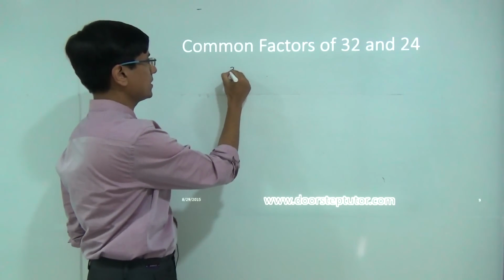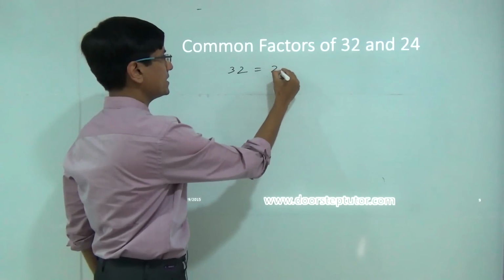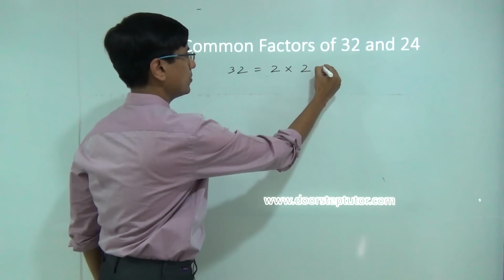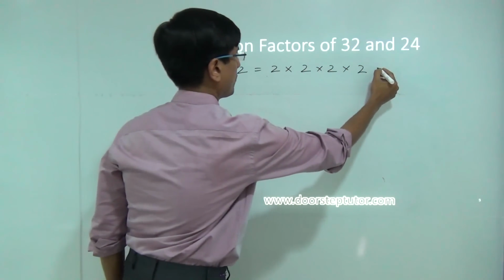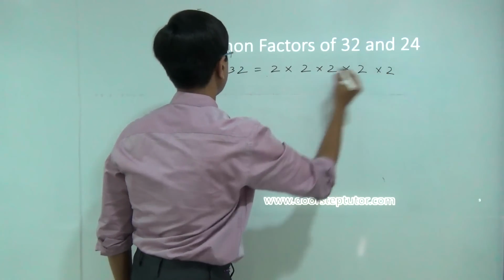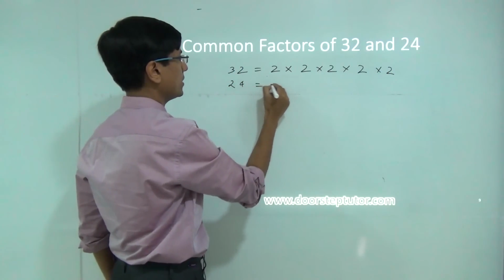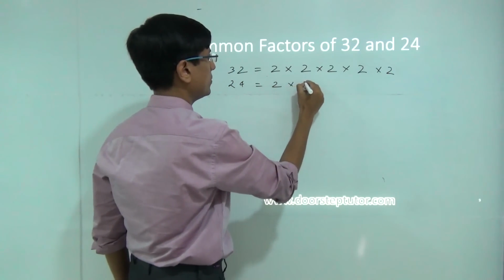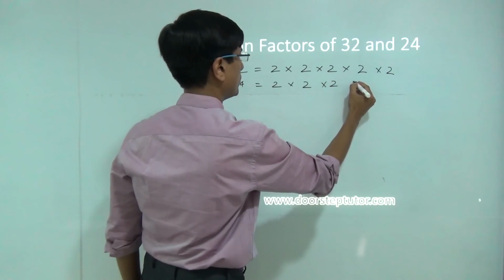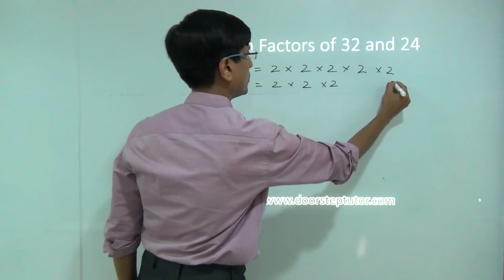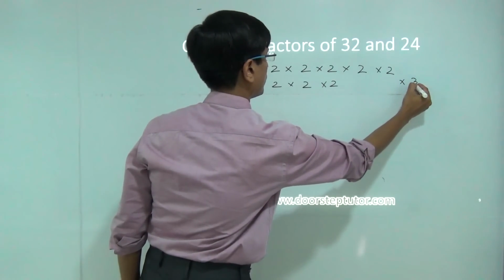If you remember, 32 I had written as 2 into 2 into 2 into 2 into 2, and 24 can be written as 2 into 2 into 2 into 3.